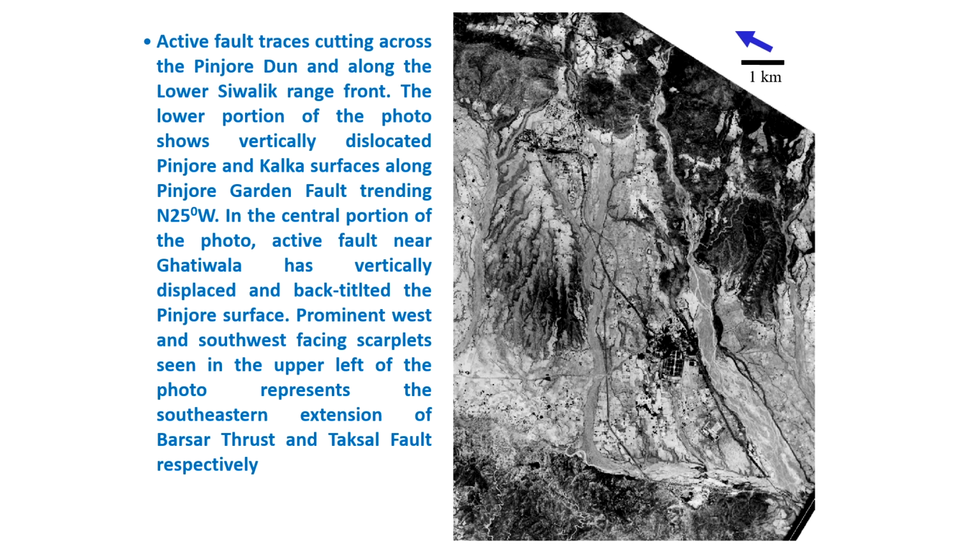Now here in this image, it is absolutely not possible to identify the fault, but one thing you can pick up is that this portion of the photograph shows an area which is highly dissected, as compared to this one.